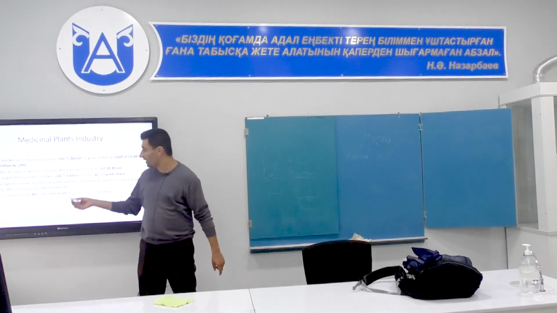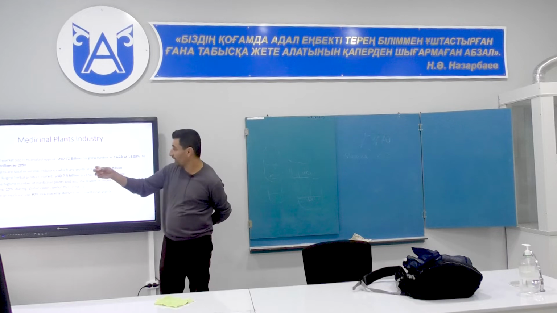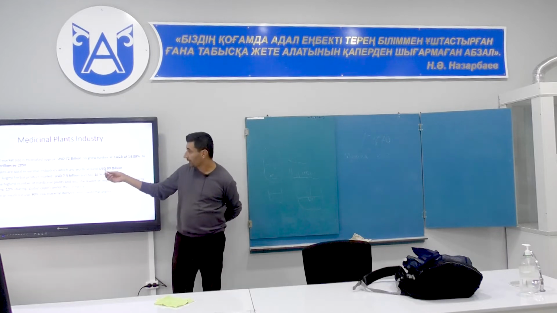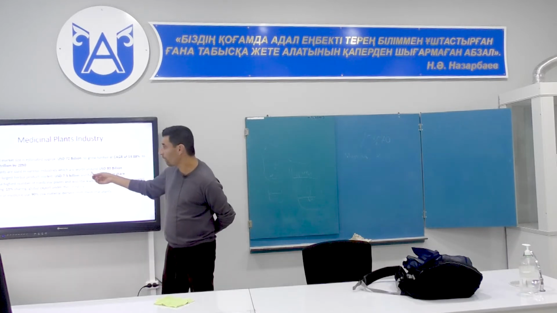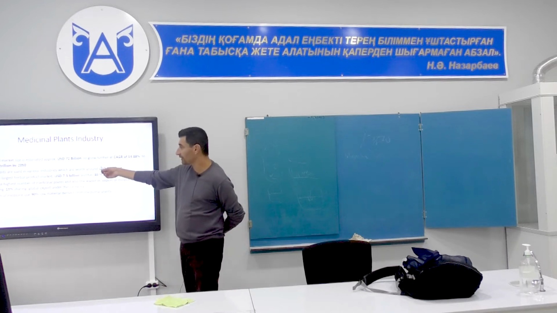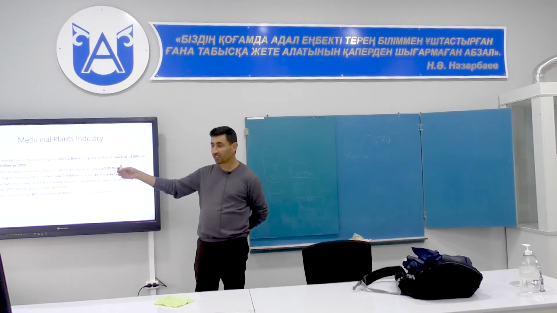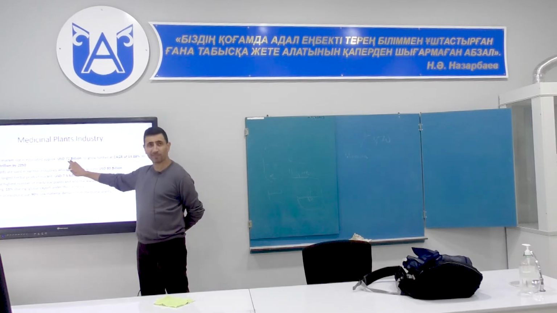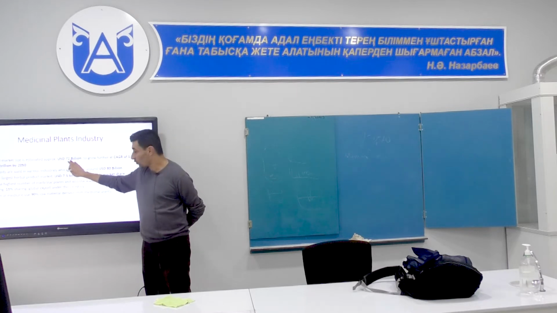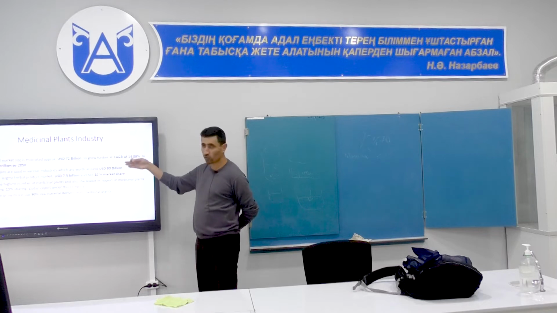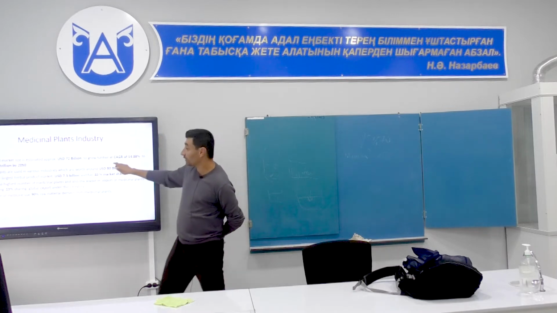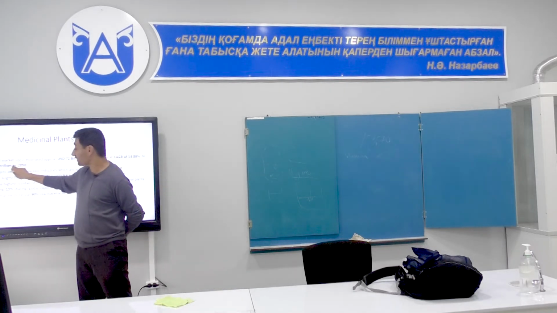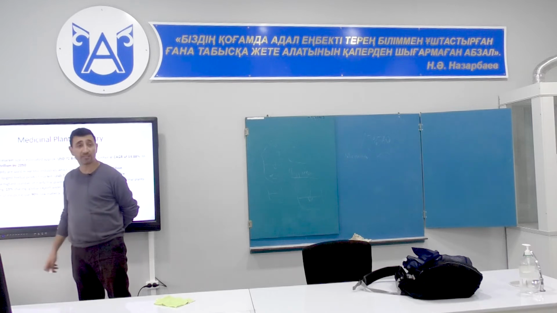Okay, let's talk a little bit about money. The global market of medicinal plants is about 100 billion US dollars in our day. 100 billion. Okay, 100 milyar. Tamam? By 2050, it's expected to be $7 trillion.